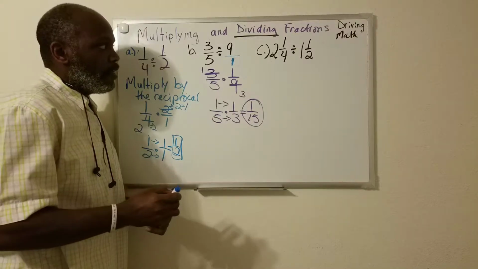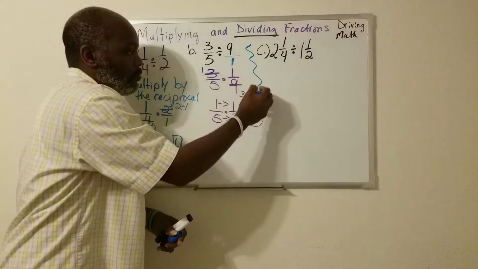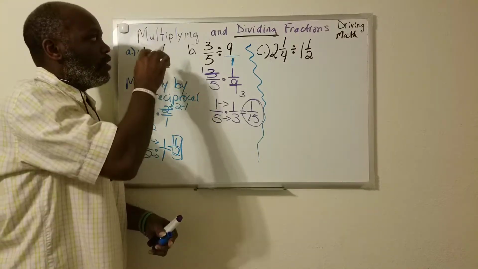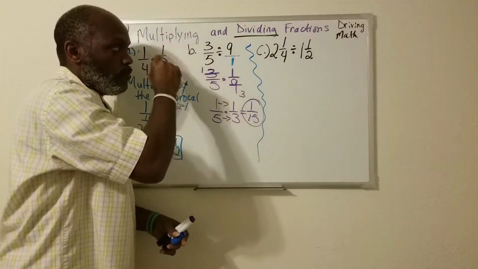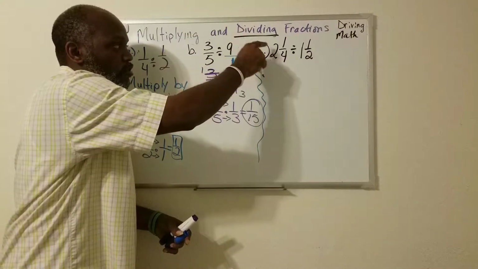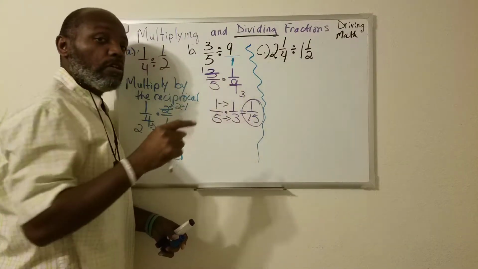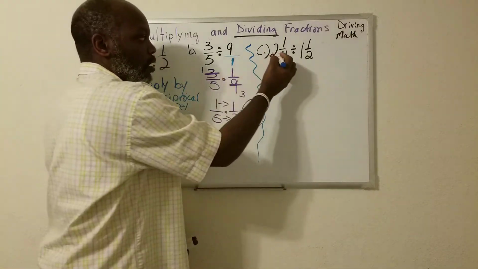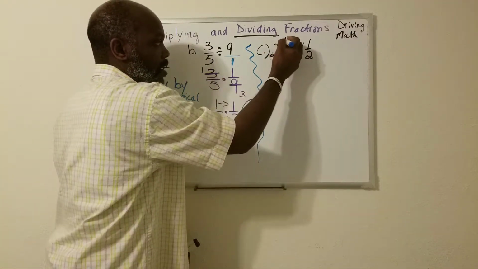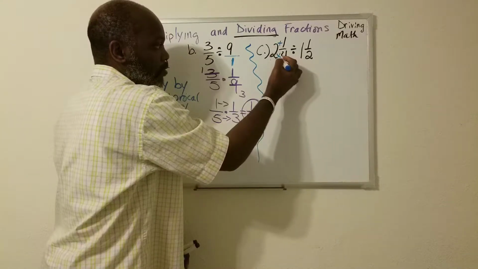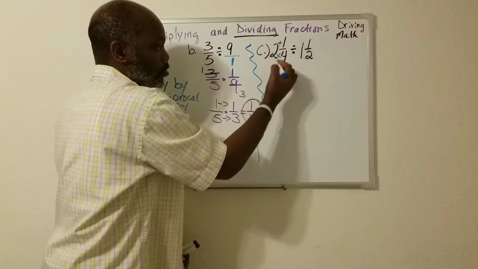All right. Last but not least, we're going to use the same process as the beginning process of multiplying fractions, what we use there to change these mixed numbers into improper fractions. If you recall, we multiplied the denominator times the whole number plus the numerator.